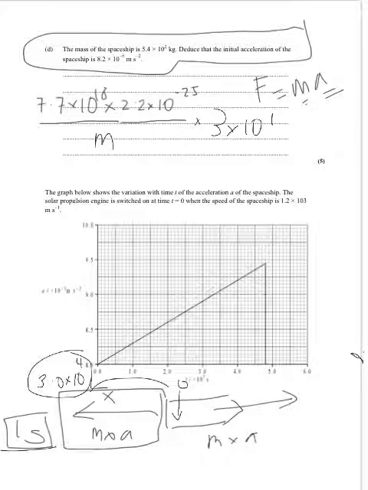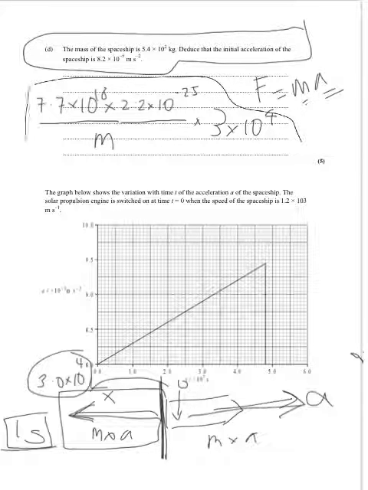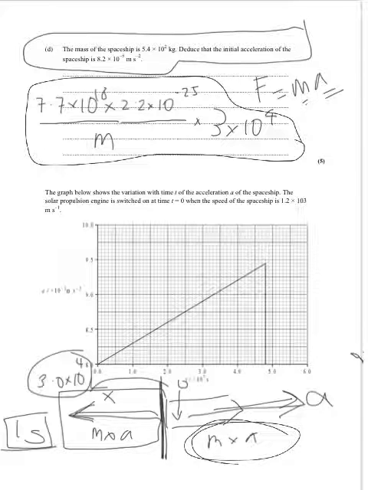Now, this gives us the force of the xenon out, which should be equal to the force felt by the rocket due to the xenon. So let's now work out what the acceleration is. The force on the rocket is the answer to this, and that's going to be equal to mass times acceleration of the rocket.